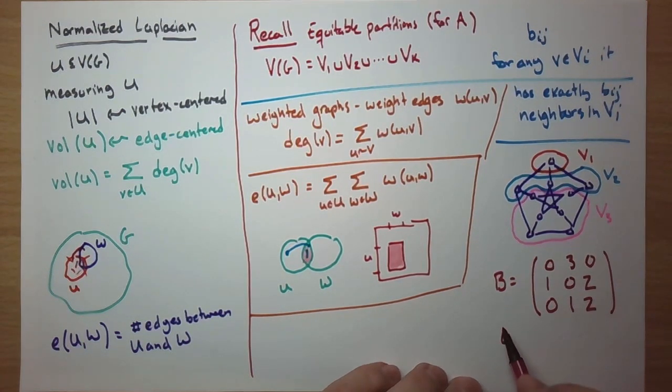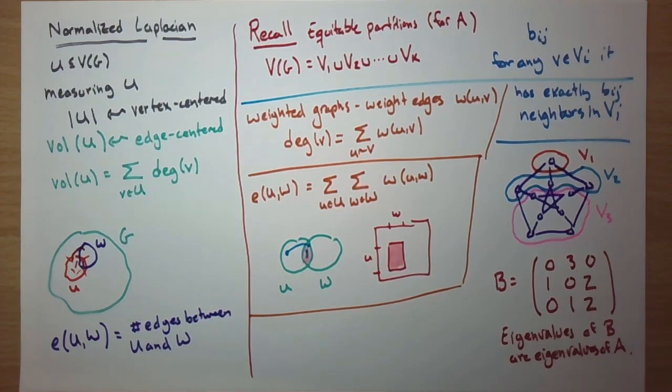And the moral we got to was the great aha. The eigenvalues of B are eigenvalues of A. And we did some hand waving here. But ultimately the proof comes down to saying that you can take your eigenvectors for B and essentially lift them up to eigenvectors of A. Okay, but there's a trade-off, something we've lost along the way.